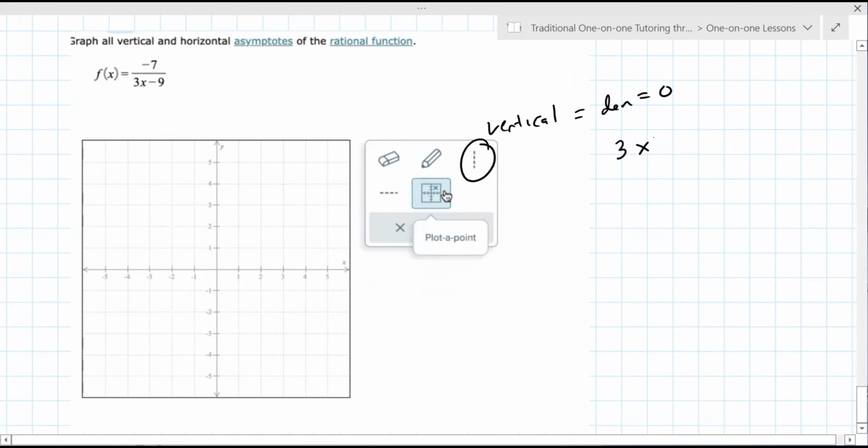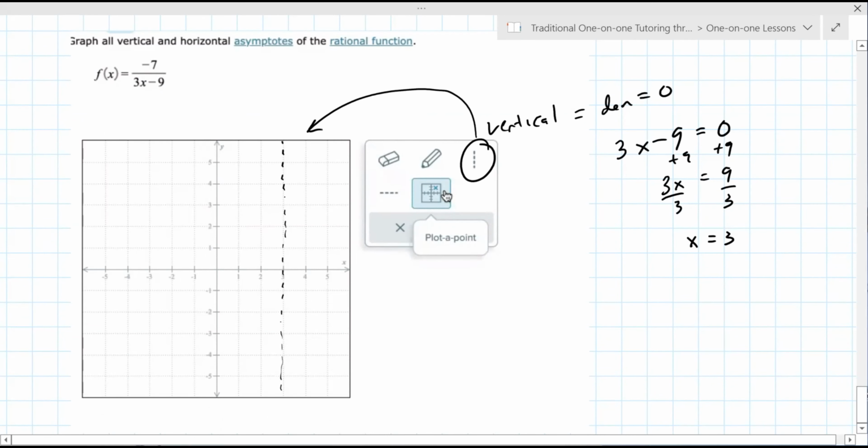So 3x minus 9 equal to 0, and you solve for x. You add 9 to both sides, and then you divide by 3. So x equals 3. So there's a vertical line right there, and you definitely want to do that first. Knock that one out.